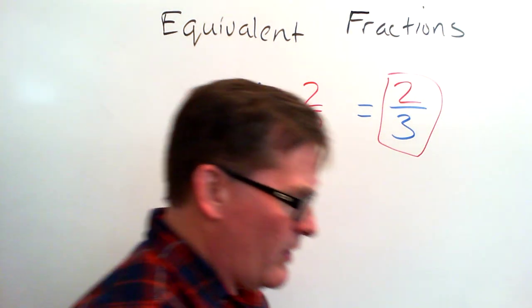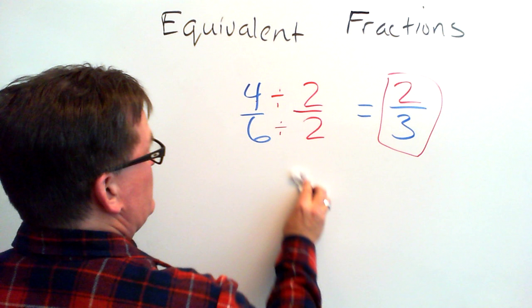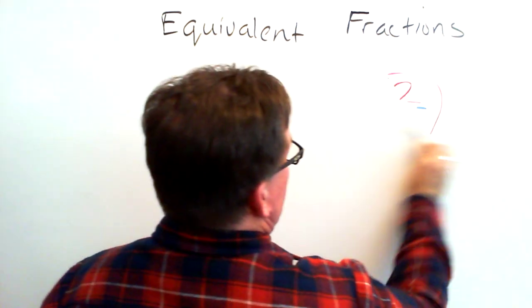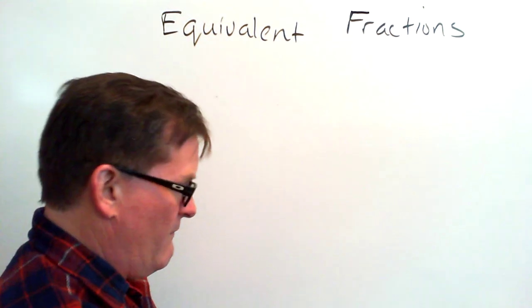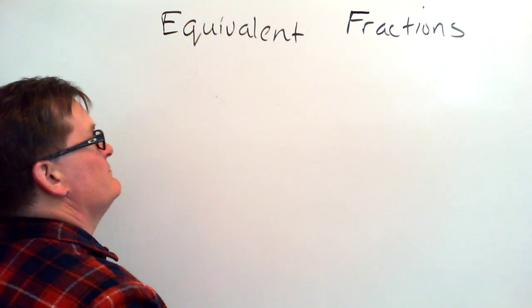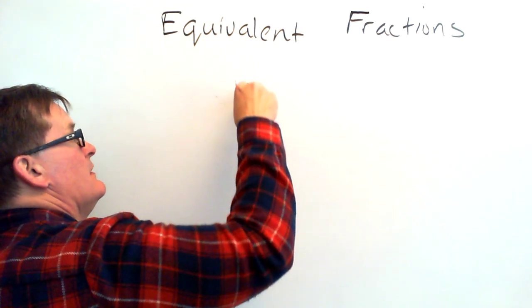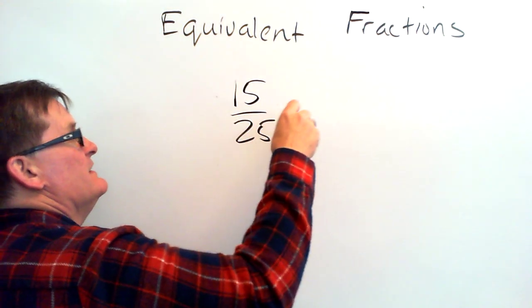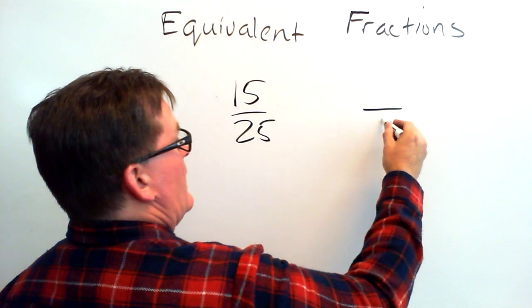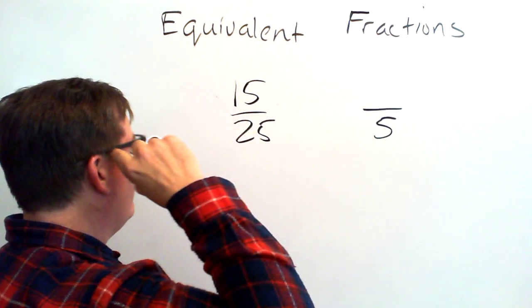Let's do one more complex one. Let's do 15/25. I'm going to give this to you. I want that reduced to a denominator of 5.